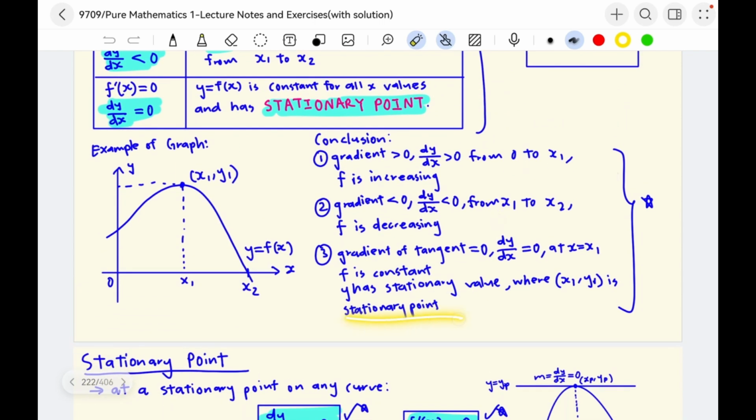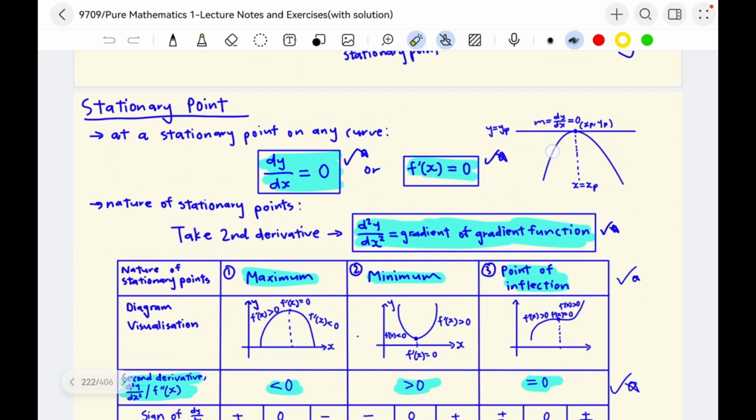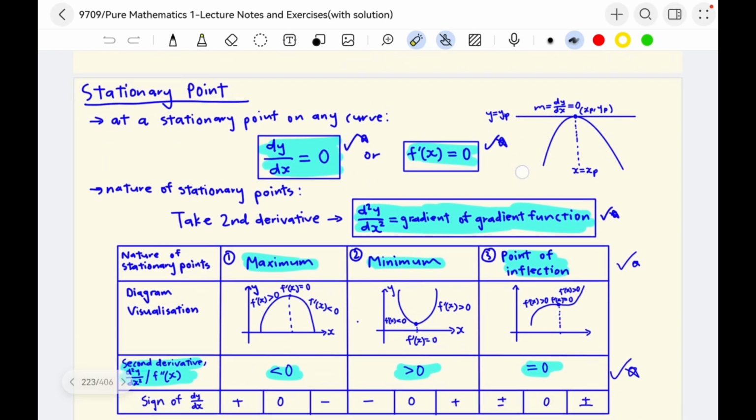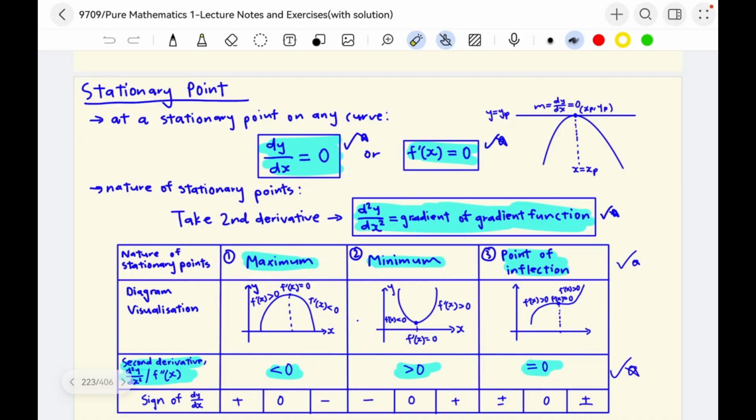So now let's dive into the theorem of the stationary points. Stationary points mean that there is a horizontal line where the point of contact is an intersection point between the horizontal tangent and the curve.